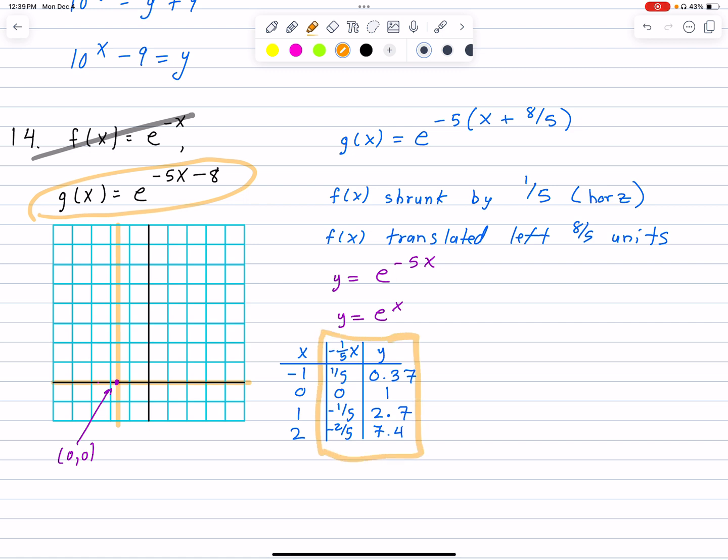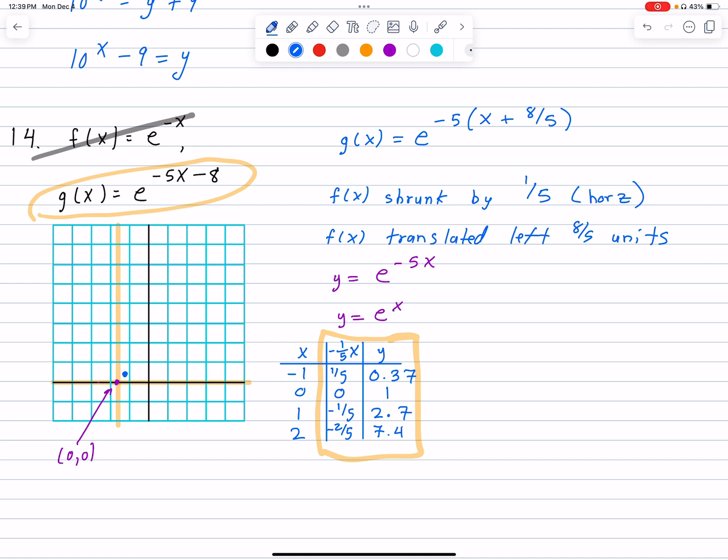So let's go and do it. So I've got the point 1/5, 0.37. So I'm going to kind of exaggerate this, say it's right there. Then I've got the point 0, 1.